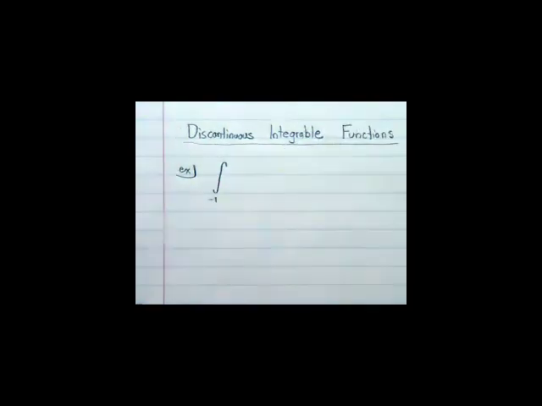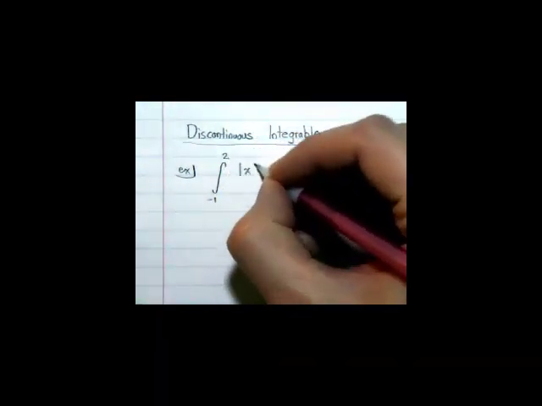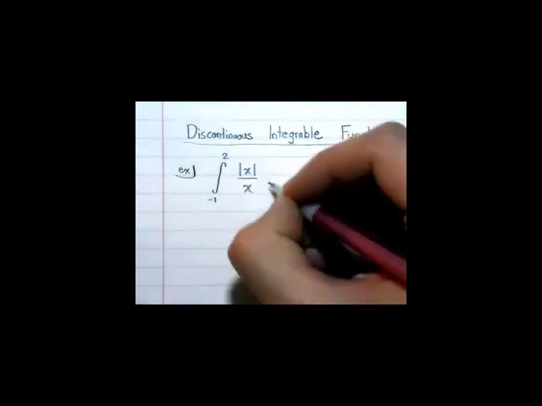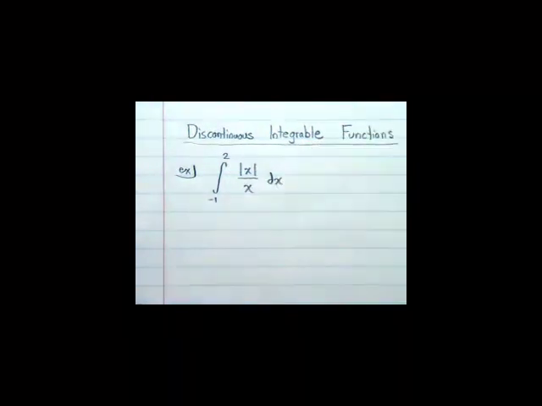So if we had the integral from -1 to 2 of the absolute value of x divided by x. Now, because I'm guessing you probably don't have a picture of this function in your head, take your calculator out for a second and graph this.